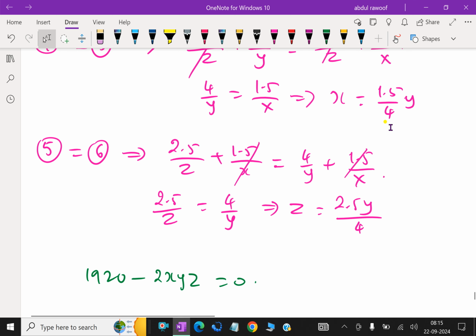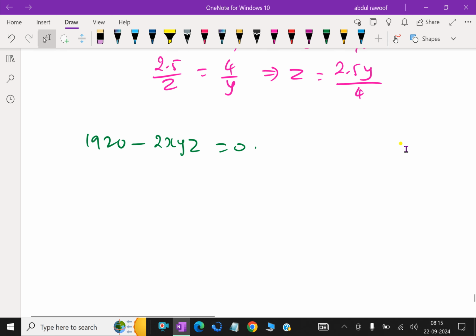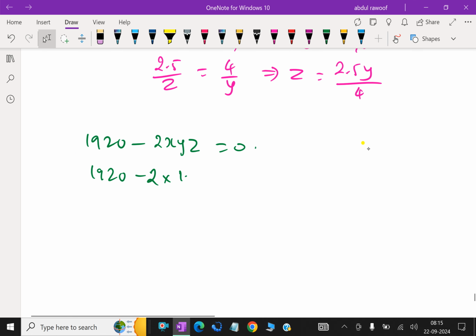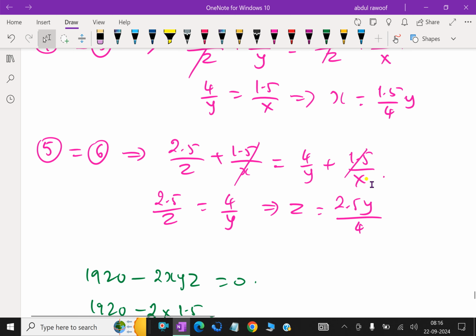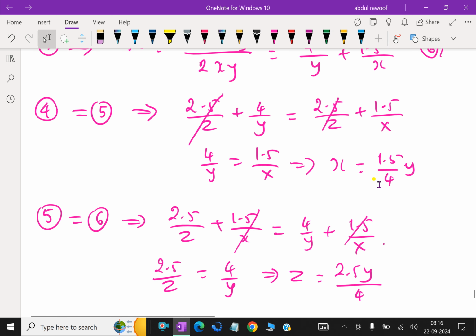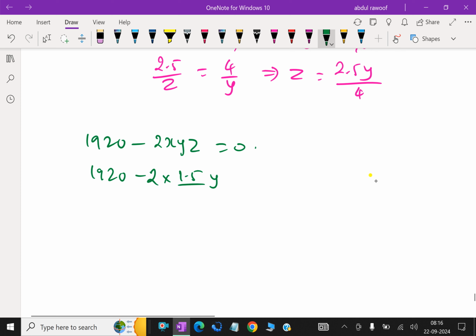X is 1.5 over 4 y, and z value is 2.5 over 4 y.